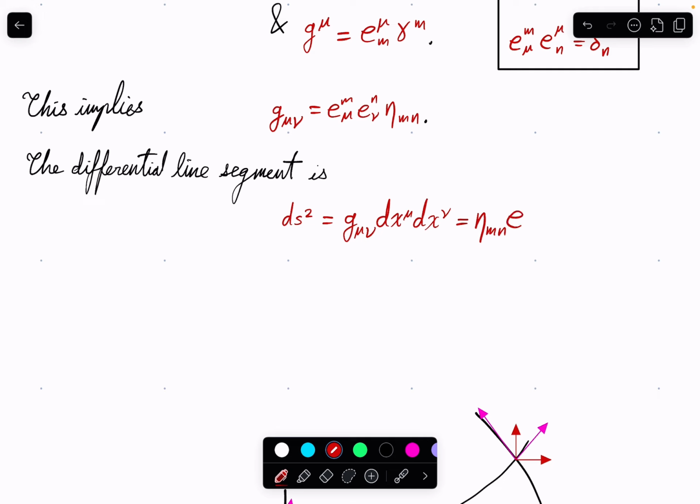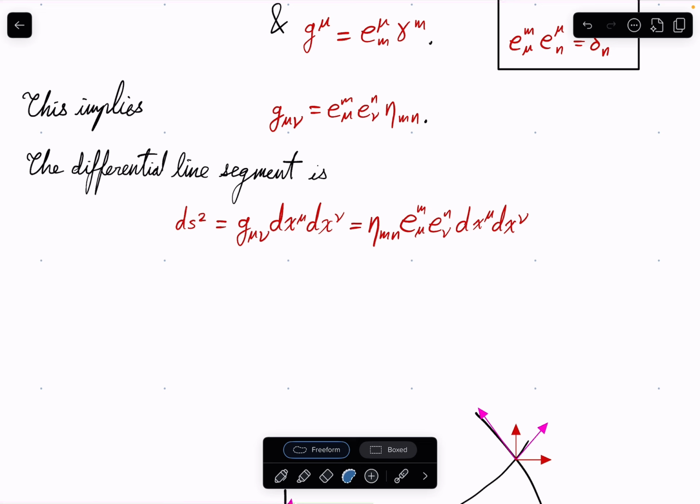We can then substitute in the Vierbein, and we still have dx^mu dx^nu, but then we can just make this go in the middle.